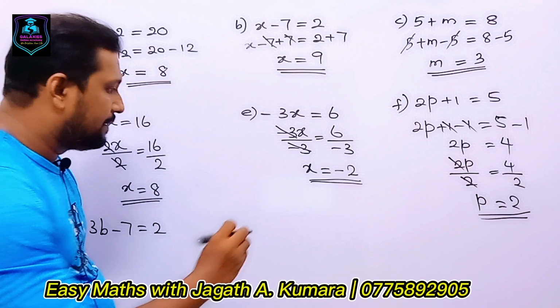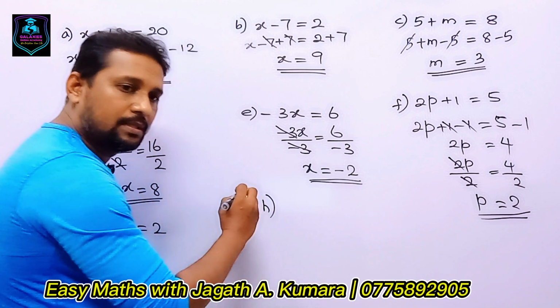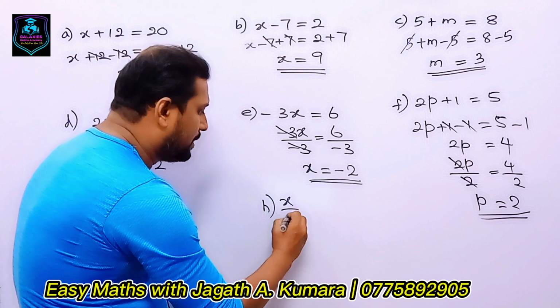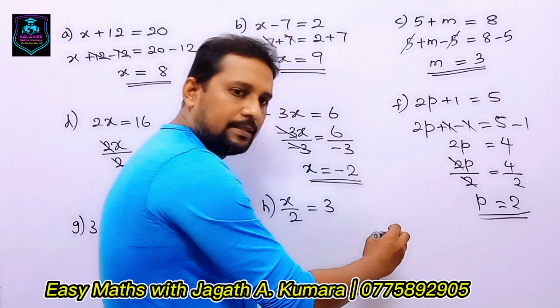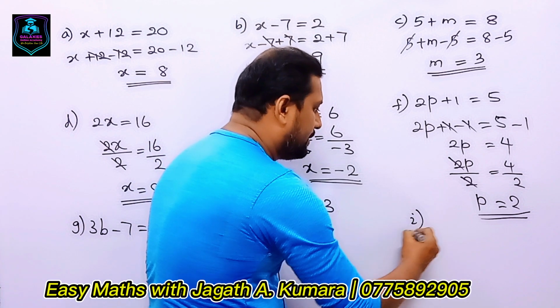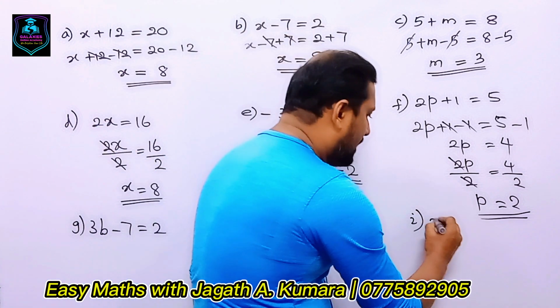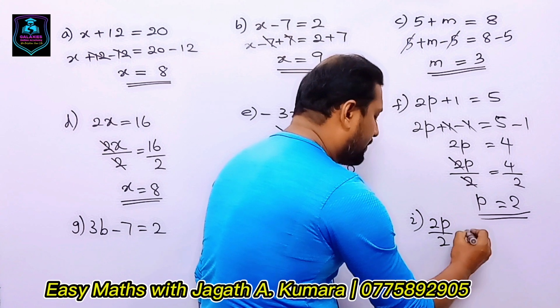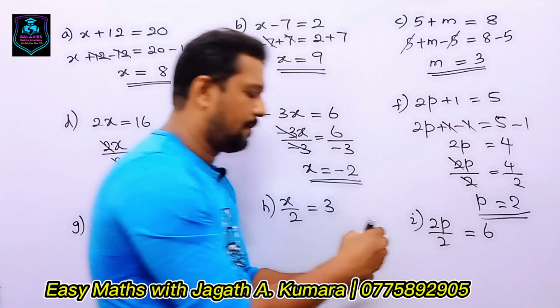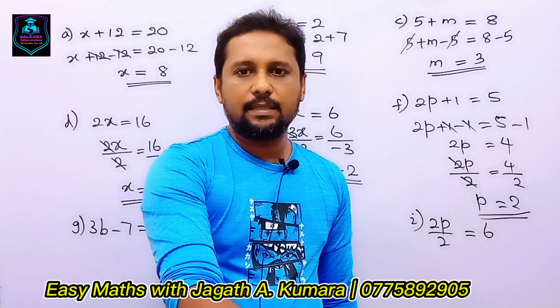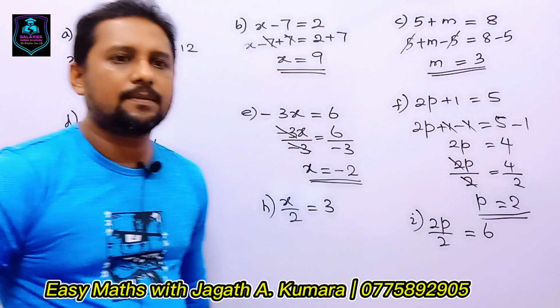And the next one given is part h: x over 2 equals 3. And part i is given: 2p divided by 2 equals 6.